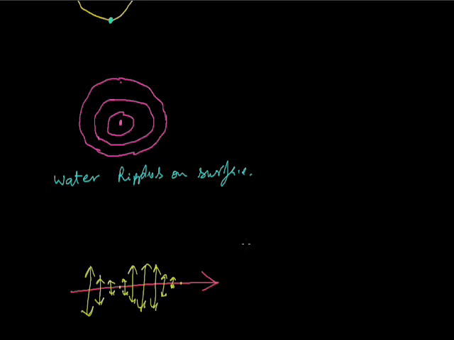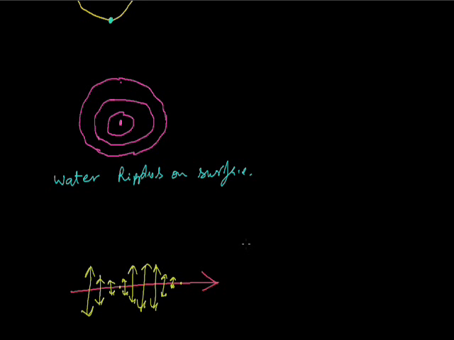We can observe this in the given example as well. In a water wave, on the surface of water, the individual particles of water oscillate in the direction at right angle to the direction of propagation of the wave.